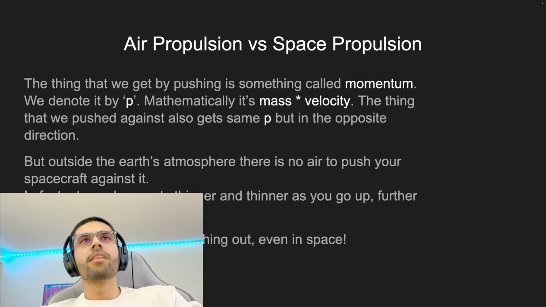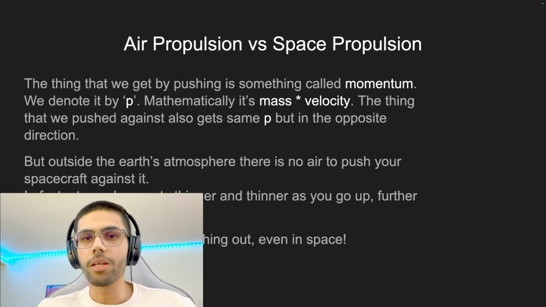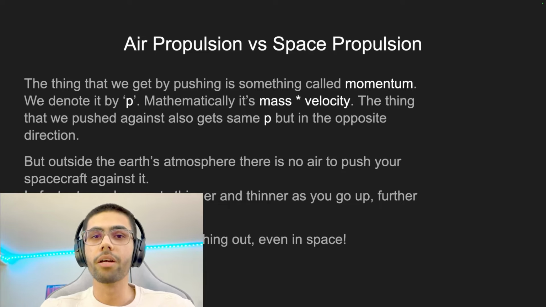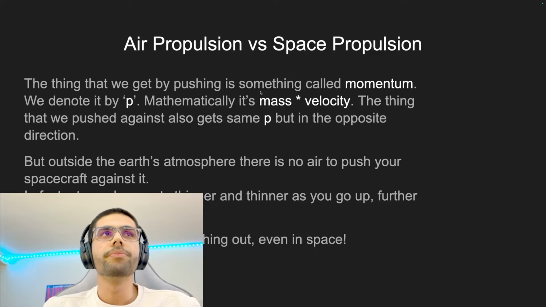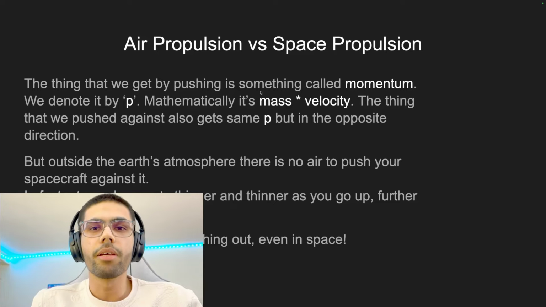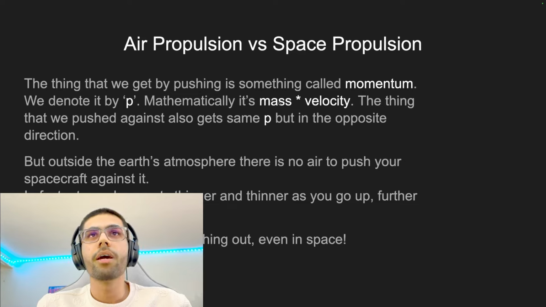Now there's a difference between air propulsion and propulsion in space. In space we don't even have the air. So what can we push against? Let's define the push a little more. What do we get if we push something? We get something called momentum. We denote that by P, and its formula is mass times velocity. We describe a physical quantity by multiplying the mass of the object by the velocity of the object.